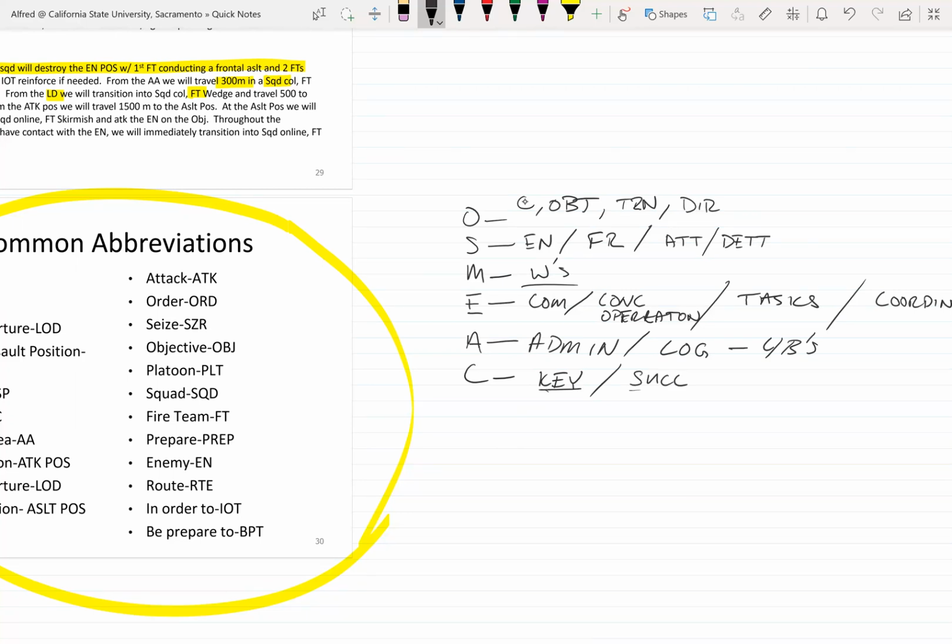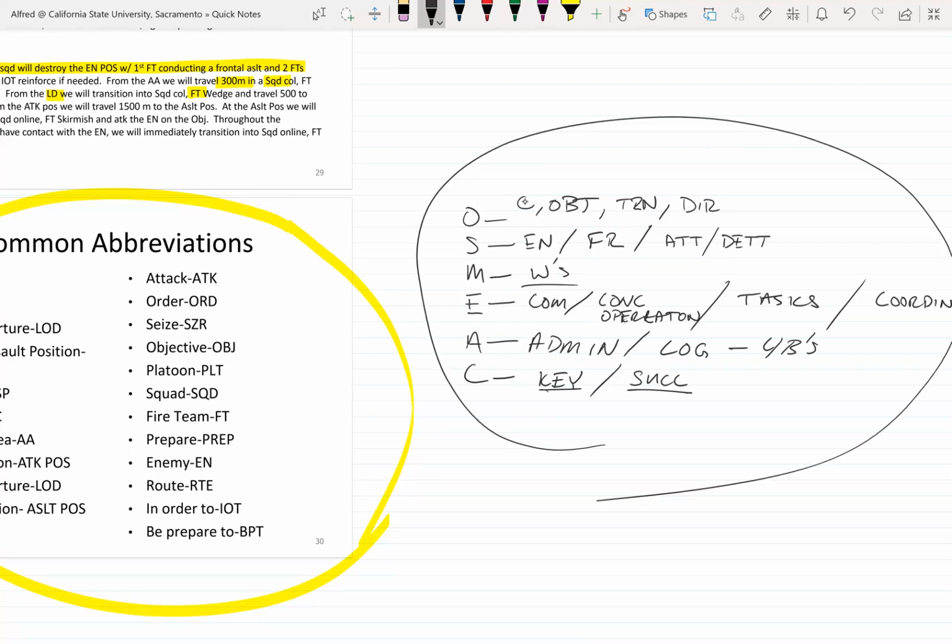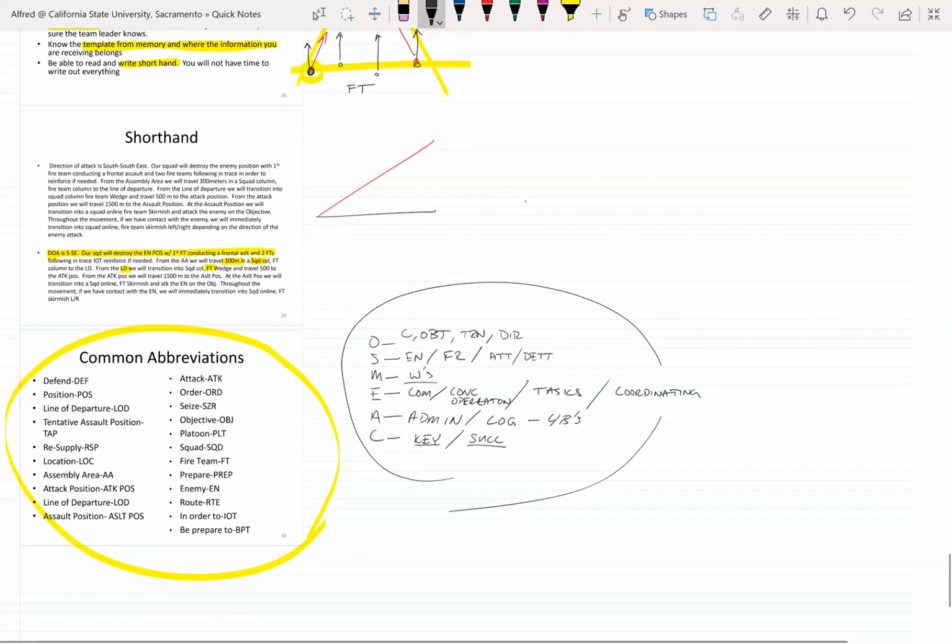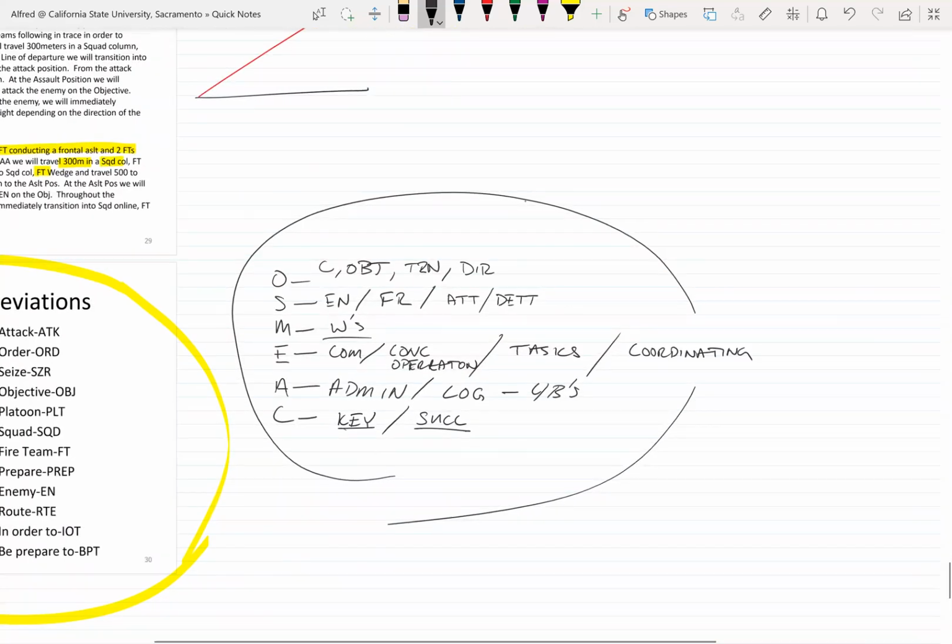So key leaders, succession of command. And that's it. I mean, this is literally it. And it doesn't really change when you get to TBS, it just gets bigger. And when you become a general, it's the same. It just gets bigger.